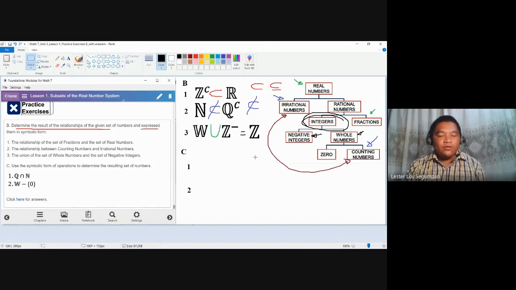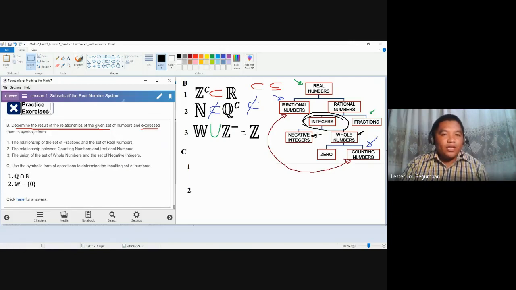Now let's go to practice exercises C, already in symbolic form. We have already the symbolic form, and we are now to give the answer as the resulting set. If possible, we could show a symbolic form of the answer, or you can use words.